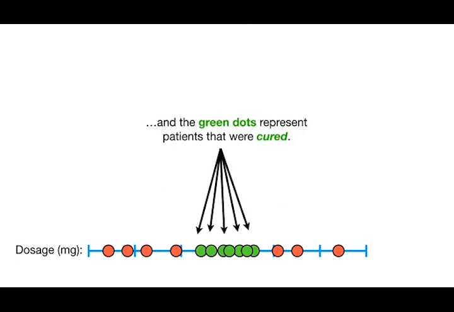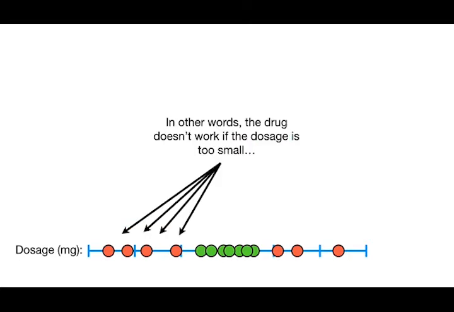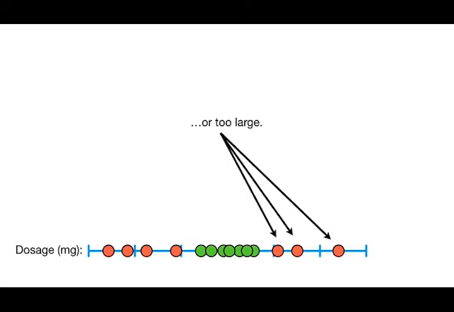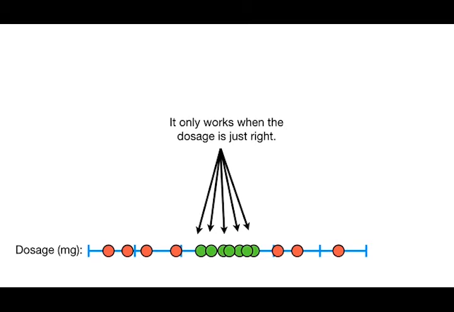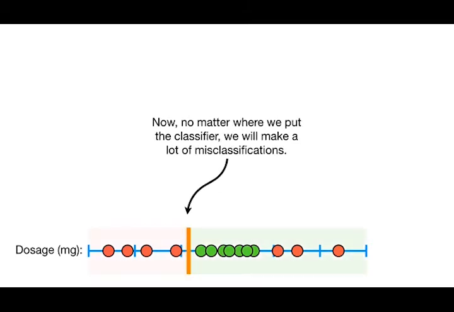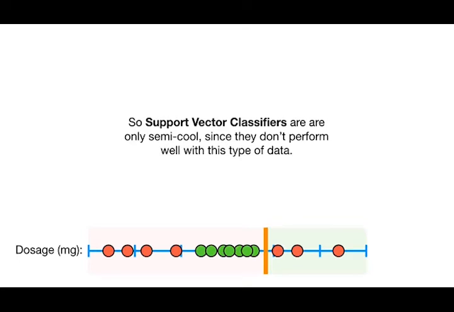And the green dots represent patients that were cured. In other words, the drug doesn't work if the dosage is too small or too large. It only works when the dosage is just right. Now, no matter where we put the classifier, we will make a lot of misclassifications. So, support vector classifiers are only semi-cool since they don't perform well with this type of data.